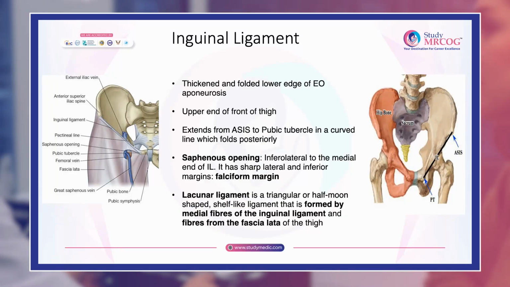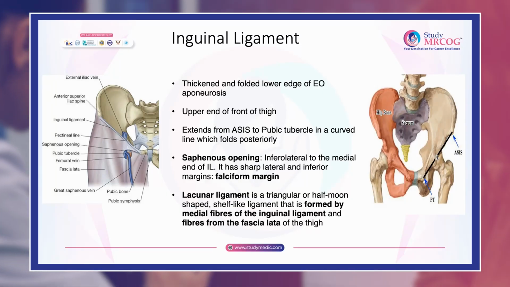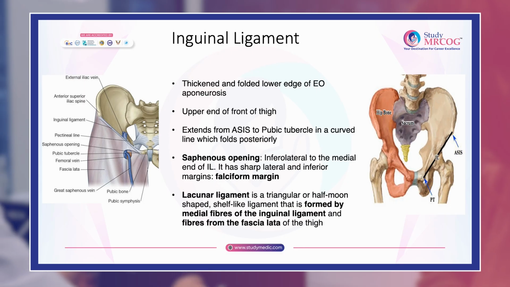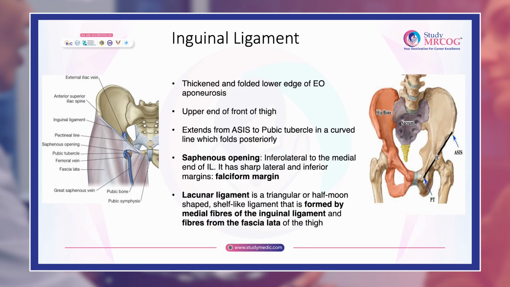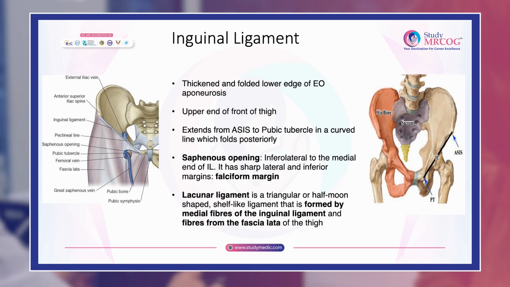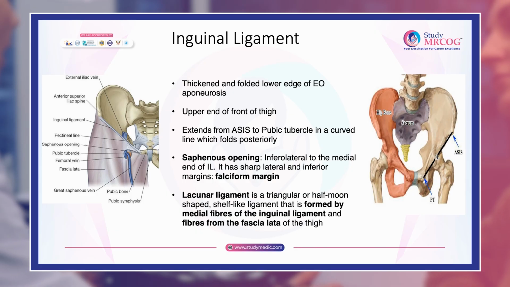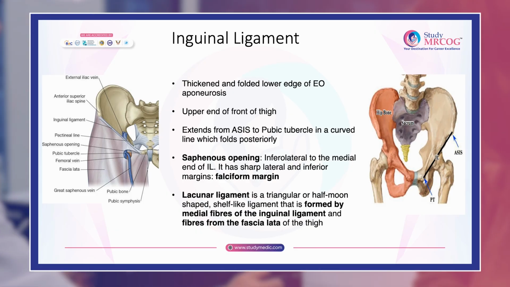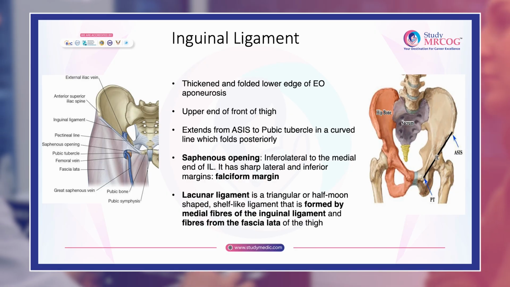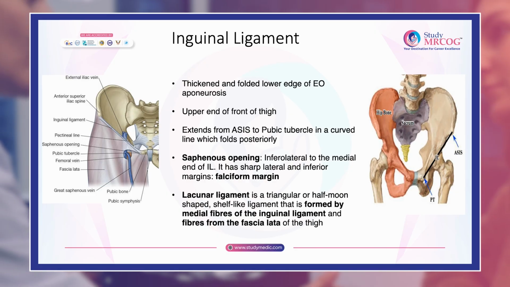So let's talk about the inguinal ligament now. The inguinal ligament is nothing but the thickened and folded edge of the external oblique aponeurosis, and it is present in the upper end of the front of the thigh. It extends from the anterior superior iliac spine laterally to the pubic tubercle in a curved line, and it folds posteriorly.